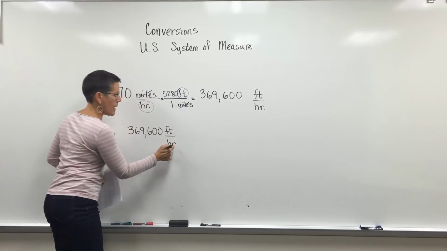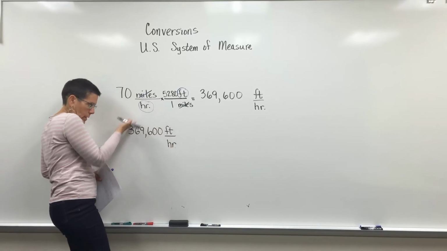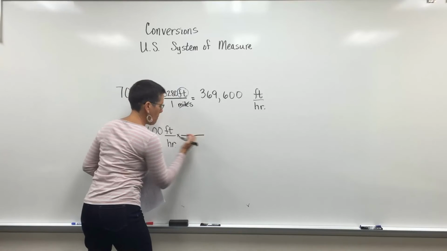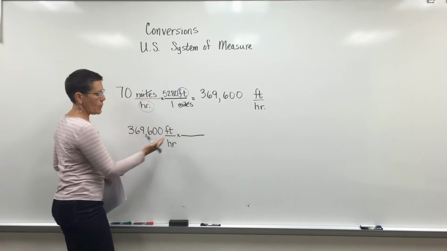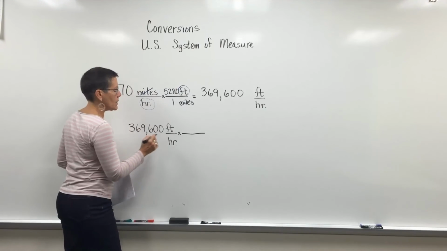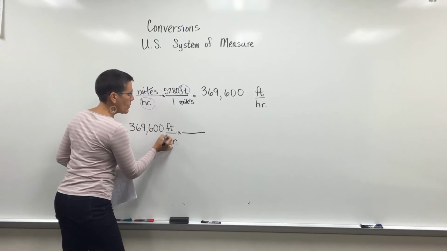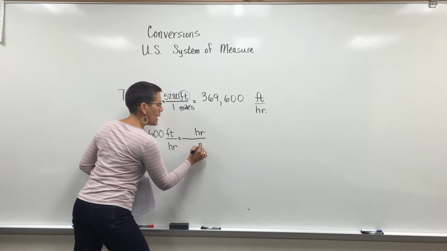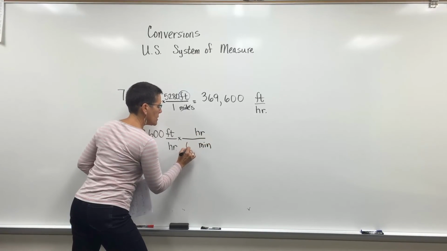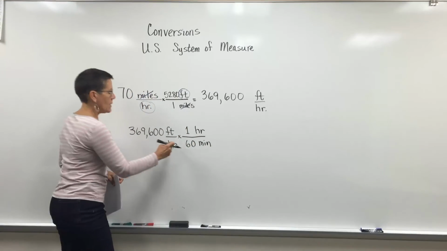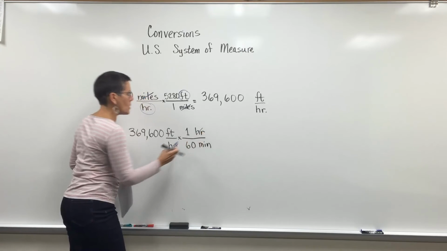So now I've got to tackle this word in this number, and I've got to use the factor label method. I'm going to multiply by a fraction. We always say multiply by a fraction, but be careful. The 1 might not be downstairs. This word hour here, I want to get rid of it, so I've got to put the word hour upstairs. And I happen to know that there are 60 minutes in 1 hour. And so do you. So we're going to cross those words off.